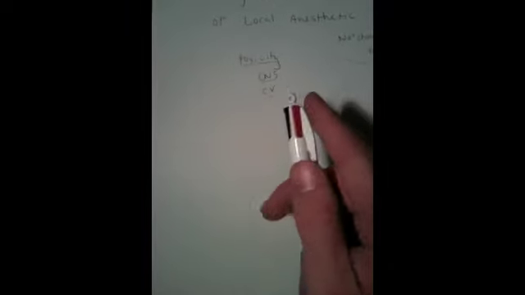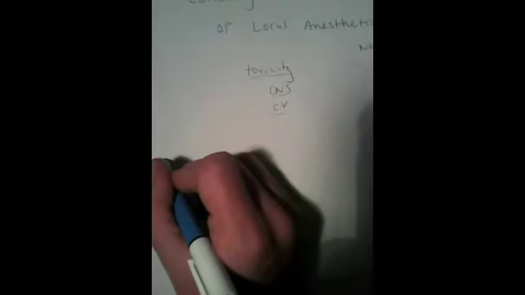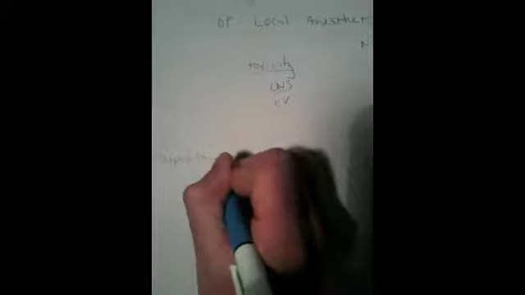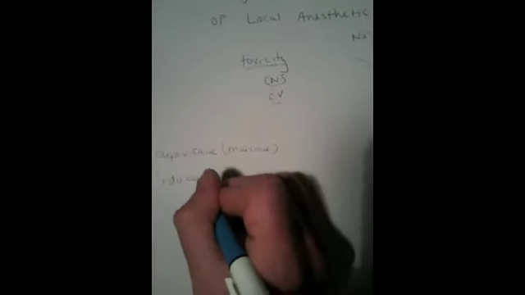So you'll see tables that list the maximum dose of various local anesthetics, and I'll just write two of them here. Two of the most common ones are bupivacaine, which is otherwise known as Marcaine, and lidocaine, which is otherwise known as xylocaine.